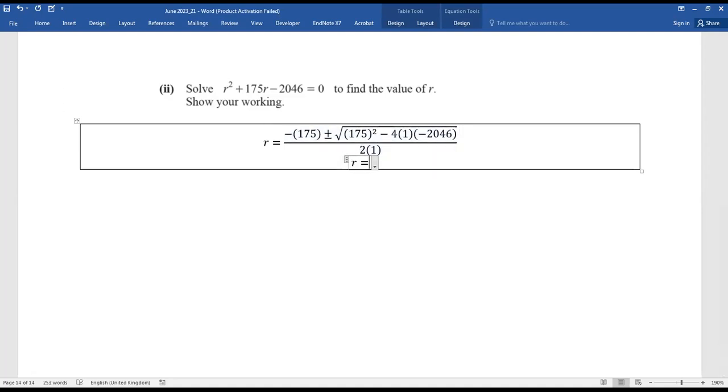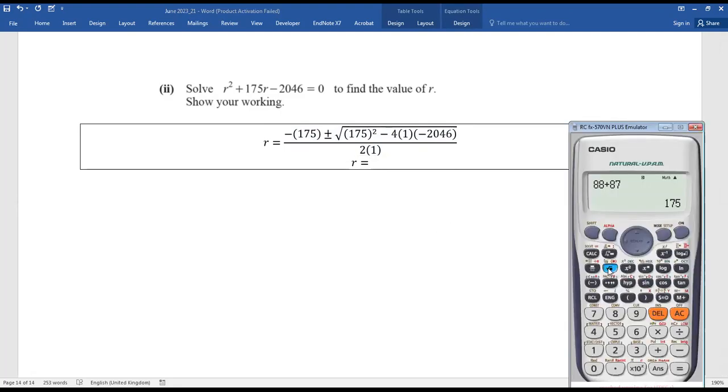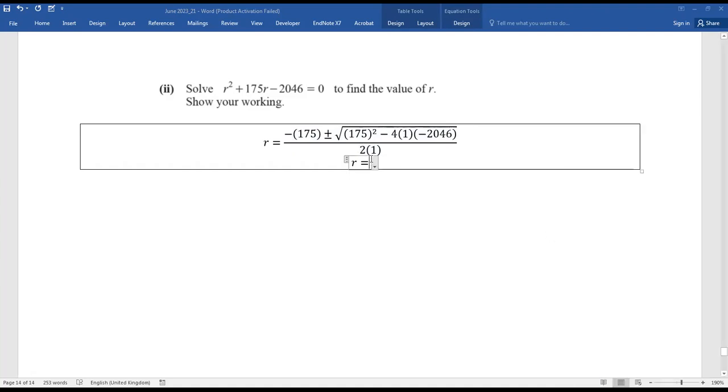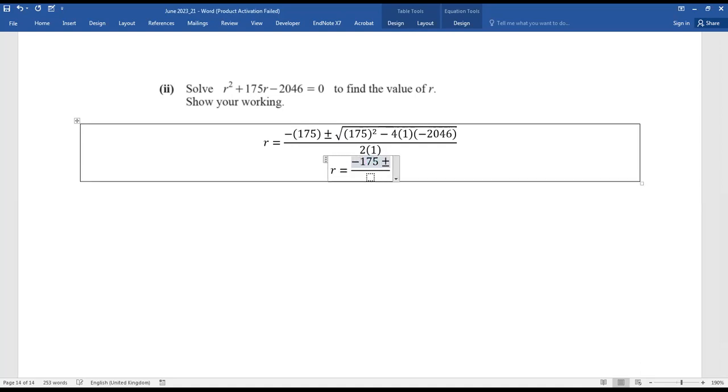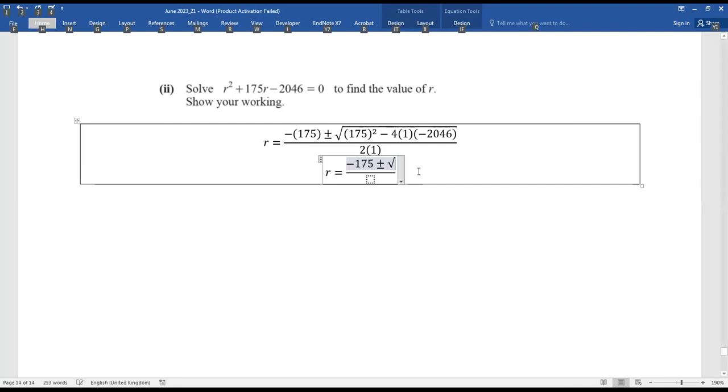So the value of r is, let's see, 175 squared minus 4 times minus 2046, 38809. So I get it as minus 175 plus or minus the square root of 38809 over 2.